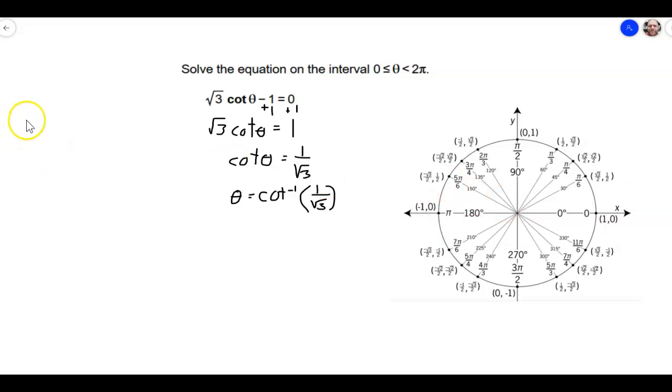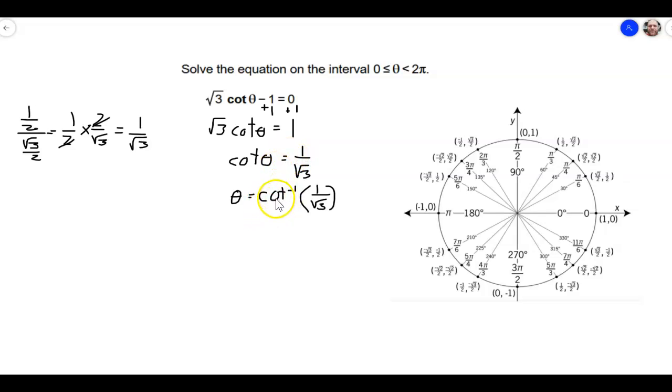How do I know that? Off to the side here, if I do 1/2 divided by the square root of 3 over 2, that's going to equal, if I do the top times the reciprocal of the bottom, 2 over root 3. The 2's cancel out, and that gives me 1 over root 3, which is what I'm trying to get.